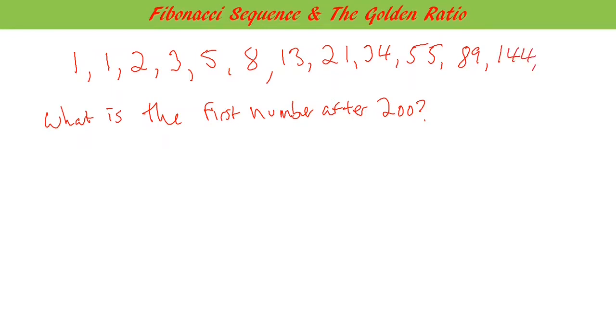And then 144 plus 89 gives me 233. So at this point, I can see that 233 is the first number after 200 in my Fibonacci sequence.